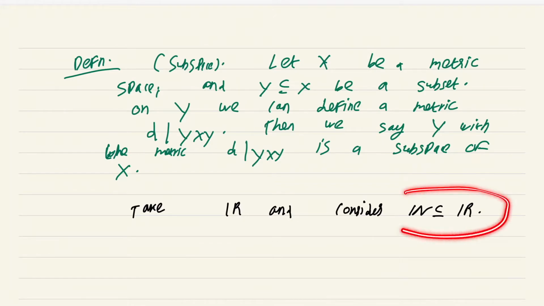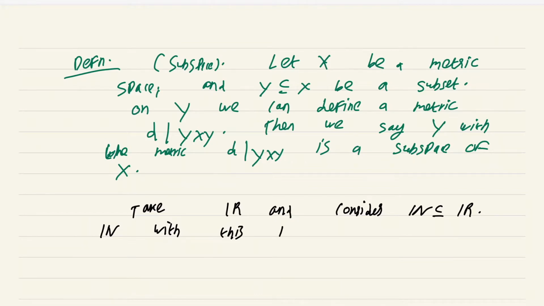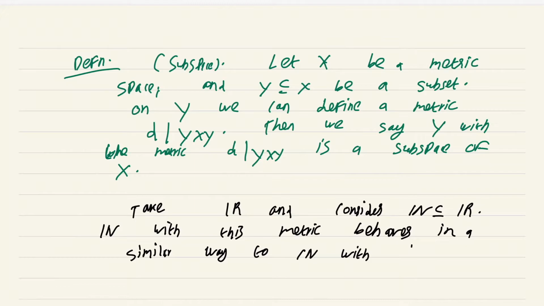Now you can restrict the metric on R to the natural numbers, and you will notice that this space N with this metric behaves in a similar way to N with the discrete metric.